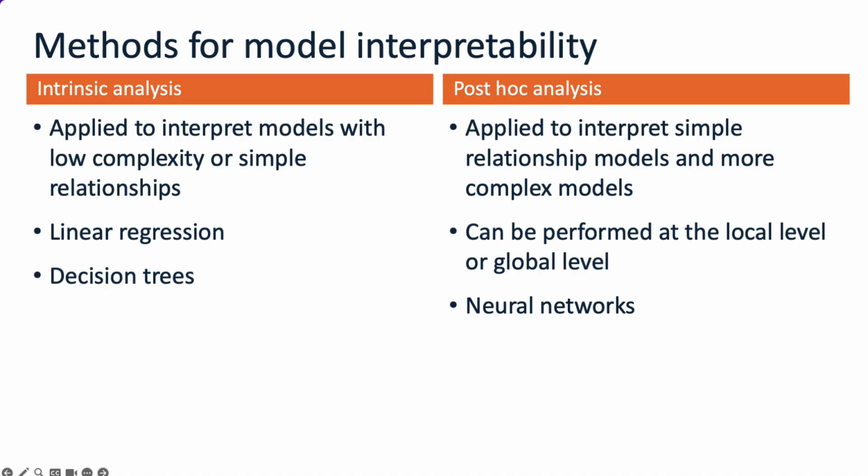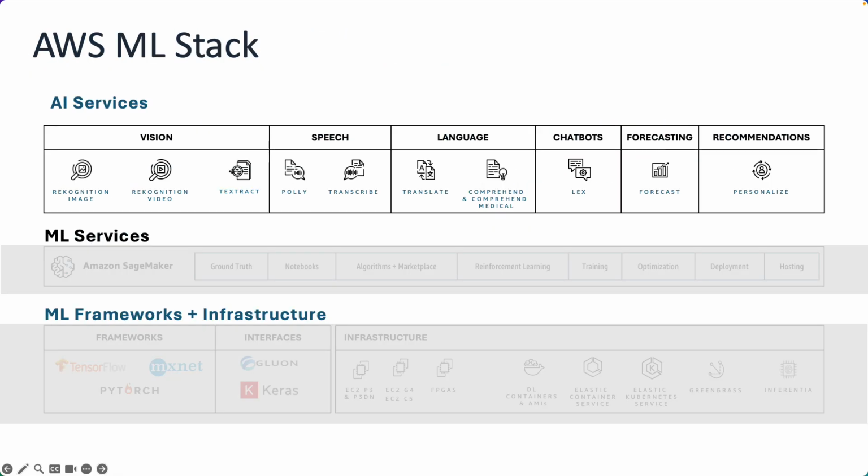Post hoc analysis can be performed at a local level and zoom in on a single data point, or at a global level and zoom out and view the overall behavior of the model. If you need to improve the model performance, AWS recommends increasing the model complexity and using post hoc analysis methods to interpret your results. So let's wrap up task 2.1 from domain 2.